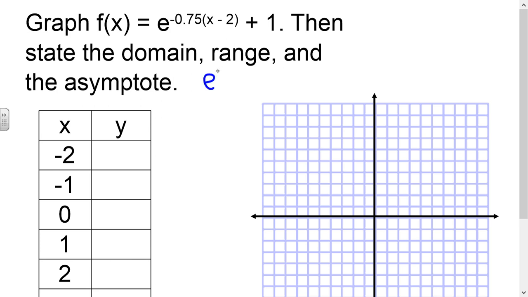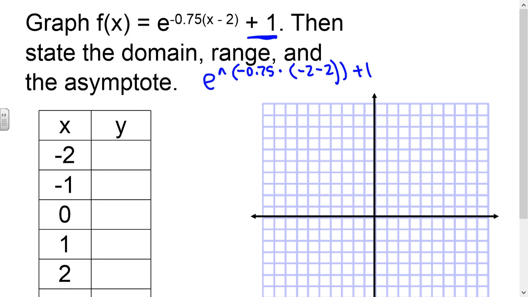So you're going to plug it in as e to the negative 0.75 power times, and then do parentheses again, x minus 2, so you'll have double parentheses, and then plus 1. And the plus 1 has to be outside the parentheses because it is not part of the exponent.